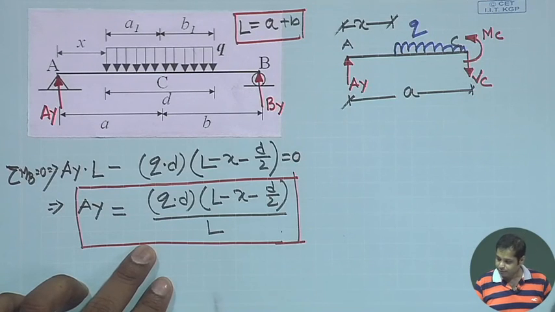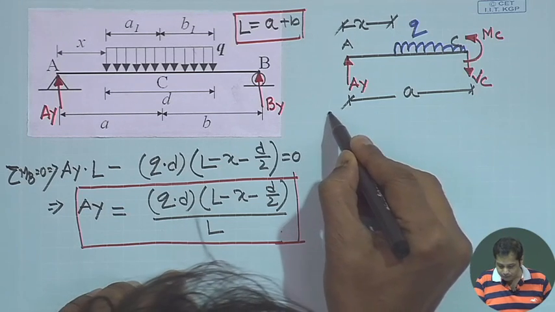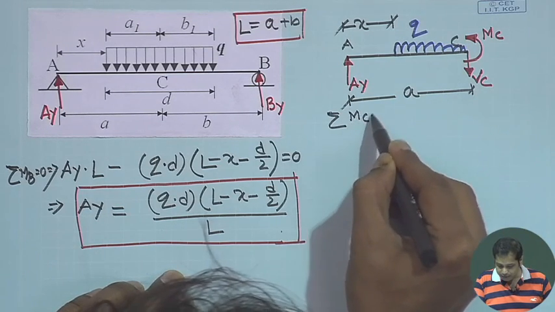Now, let us take the summation of MC is equal to 0. We need to find the moment at C.